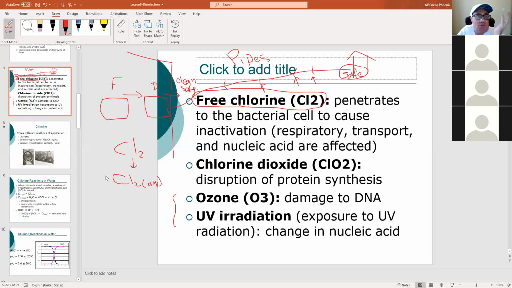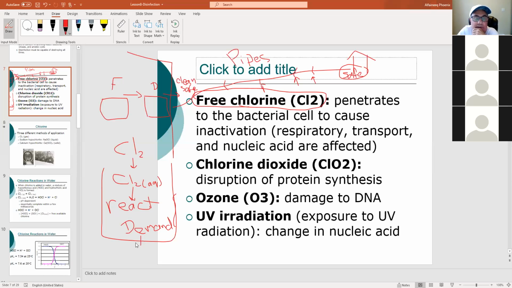Once it reacts with these, you're gonna lose some of that chlorine in these reactions. This is what we call the reaction demand or chlorine demand.